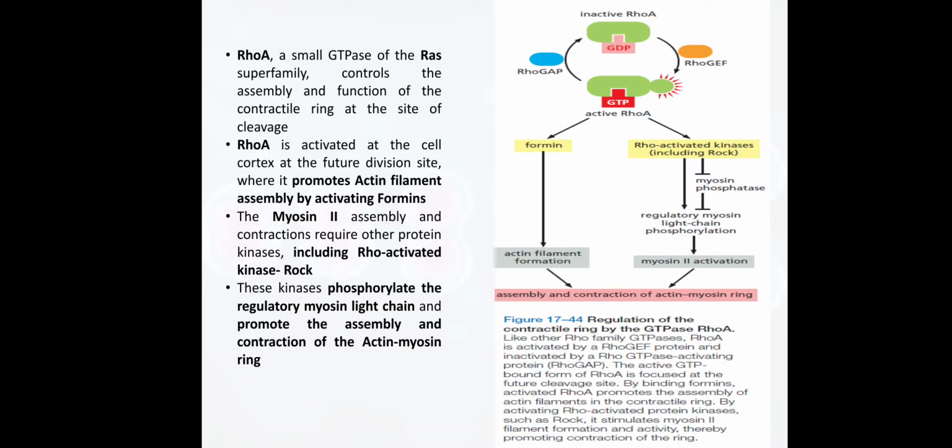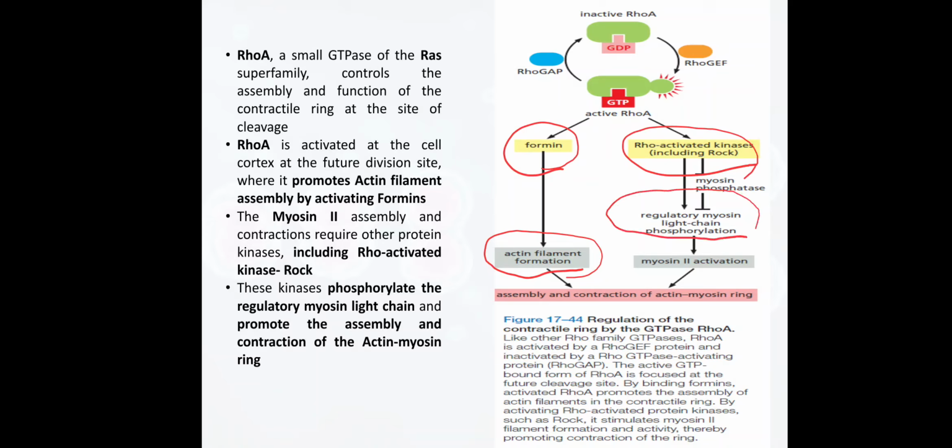With the help of RhoGEF, it is activated and becomes RhoA-GTP. When GTP comes and binds, it becomes activated. It activates formin, which initiates actin filament formation. It also activates Rho-activated kinase, that is ROCK. It phosphorylates the regulatory myosin light chain, which leads to myosin 2 activation. Both of these are responsible for assembly and contraction of the actin-myosin ring.